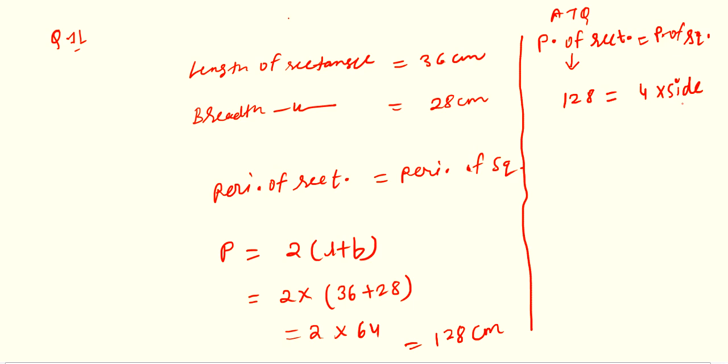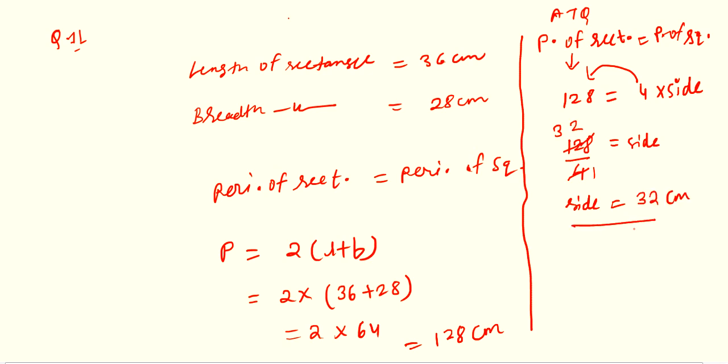Now we want to know the value of side, so we will transpose this 4 to the left hand side. So 128 divided by 4 equals side. 4 ones are 4, 4 threes are 12, 4 twos are 8. Value of side is 32 centimeter. Now, the side is what we had to find, so this is your required answer.